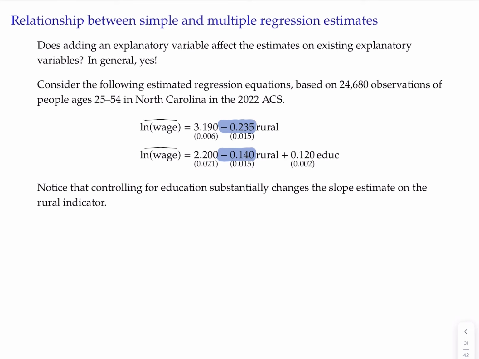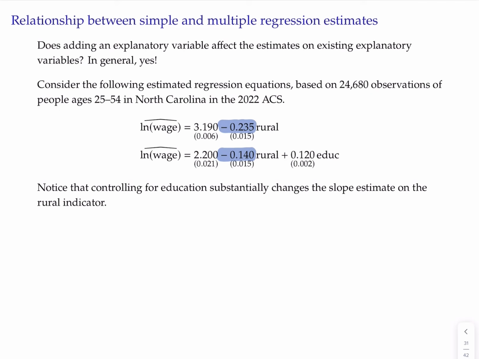And so in general, controlling for a new explanatory variable, moving from one regression to another, adding an explanatory variable, here education, will in general change the coefficients on existing variables like the rural indicator, sometimes to a large degree. And we're going to study a framework that enables us to understand why these changes occur the way that they do.